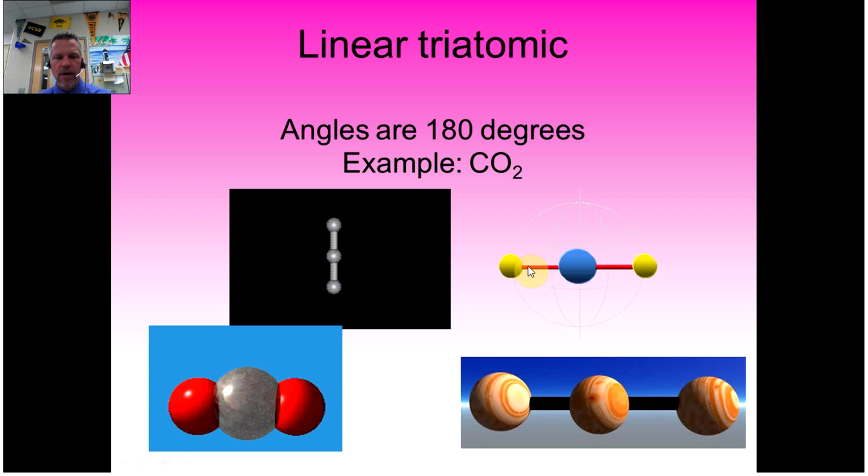And we're satisfying our octet rule because these are double bonds this time, although it doesn't really show it in the way these figures are set up. But there's a double covalent bond here and a double covalent bond here. So carbon has its 8 electrons around it, and all is good with the world. So the name for this shape is linear triatomic. The example is carbon dioxide, and the angle is 180 degrees. All right.